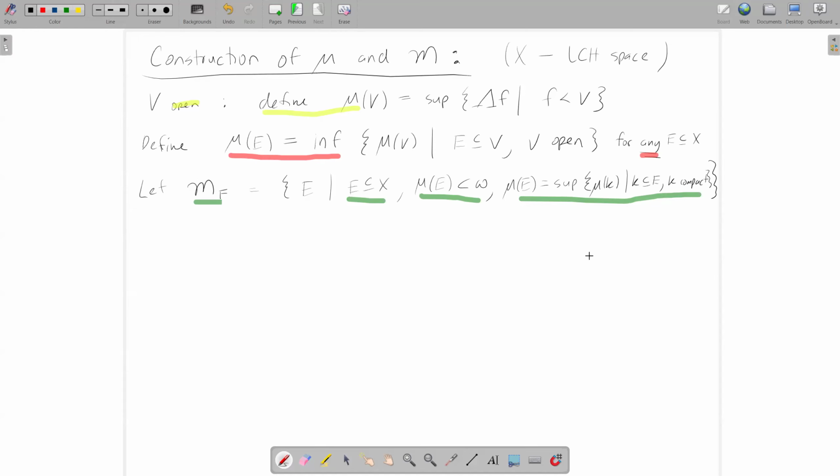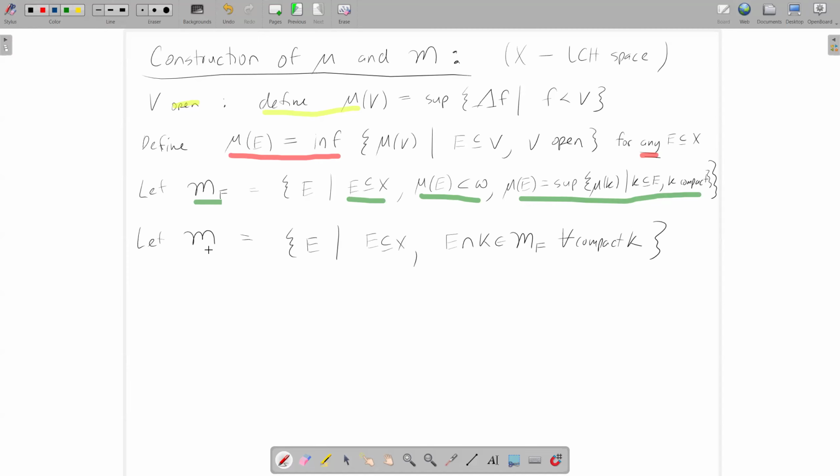So now what we're going to do is let M be the class of all E so that E is a subset of X, of course, and E intersect K is in MF for all compact K. So this at last is our proper sigma algebra.